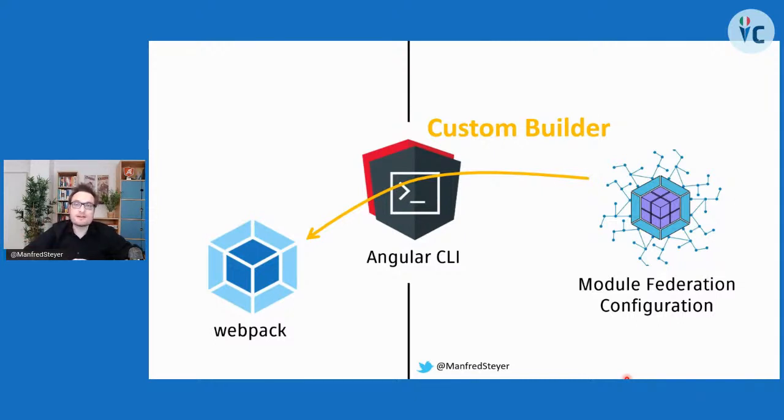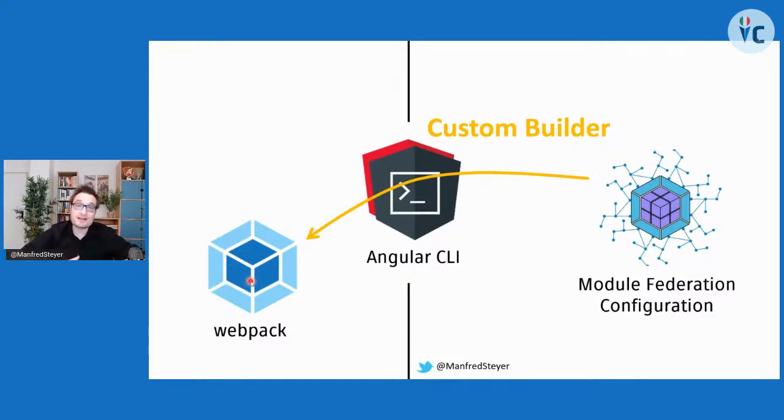The default implementation for Angular applications is directly delegating to Webpack. We could now write a custom implementation that is delegating the configuration, the module federation config to Webpack, and then we can trigger Webpack underneath the covers to do what it is doing all the time, namely to create an application.